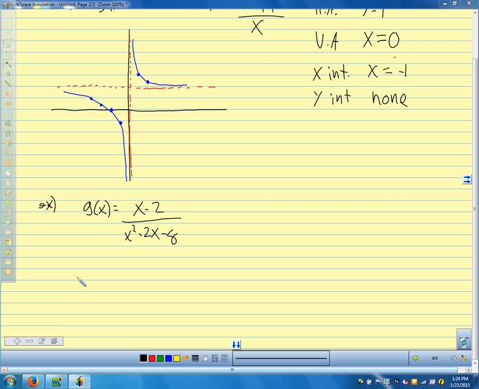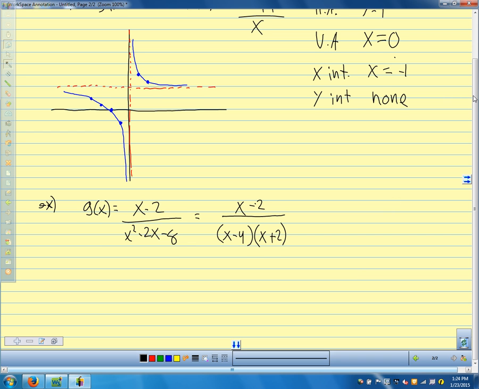We want to factor the denominator, because we need to know when the denominator equals 0. So how are we going to factor that? (x minus 4)(x plus 2). All right. So now we can start finding our information.